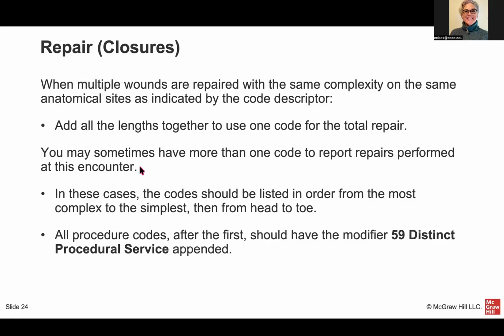But if there's a simple repair on the forearm and then there's a complex repair on the upper arm, then that would be coded with the complex first, followed by the simple second. And on the second one, you would append modifier 59.